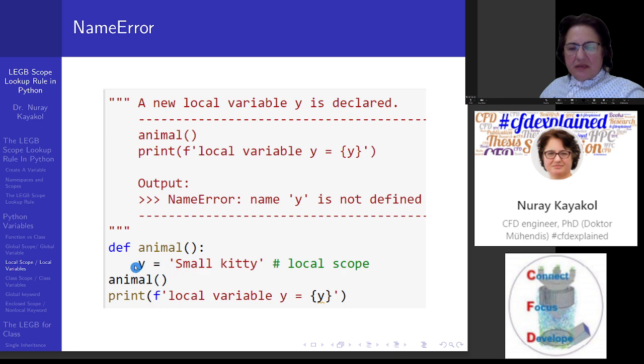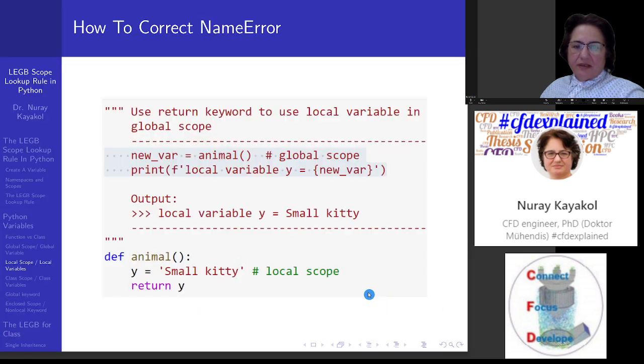Even if you call this animal, you can't get the value of y, because outside of this function you are in the global scope. In the global scope you can't access a local variable defined in local scope or in a function. So this is another name error, because it cannot find the value of y, it's not defined.